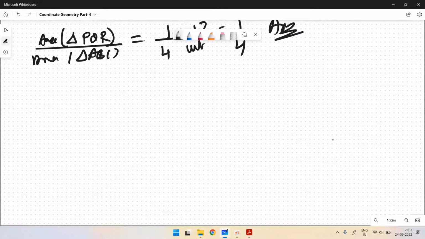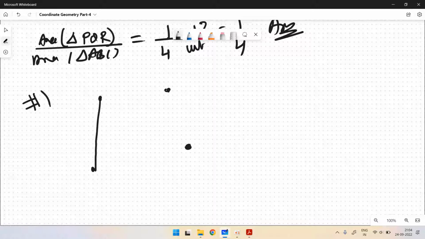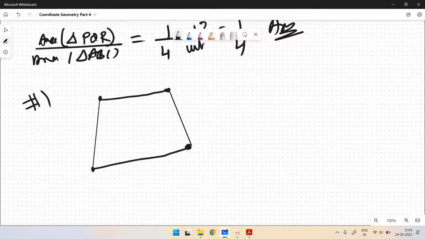I will not be doing this, but this will be for your own exercise. Suppose the vertices are ABCD.